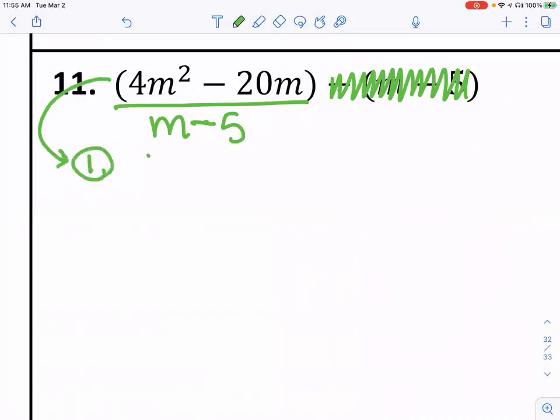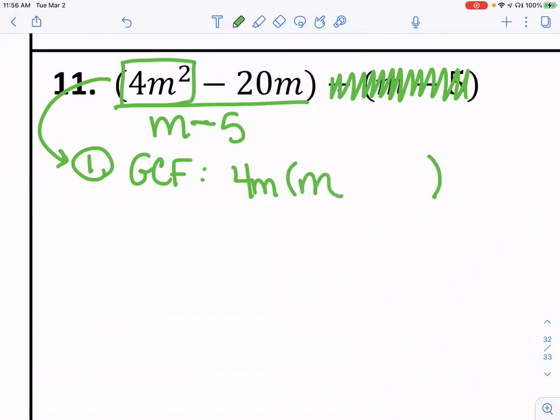And what is the GCF? Partially. 4m. Doesn't look like that makes a big difference, but it will. Divide this term by 4m. Good. Divide this term by 4 and m.